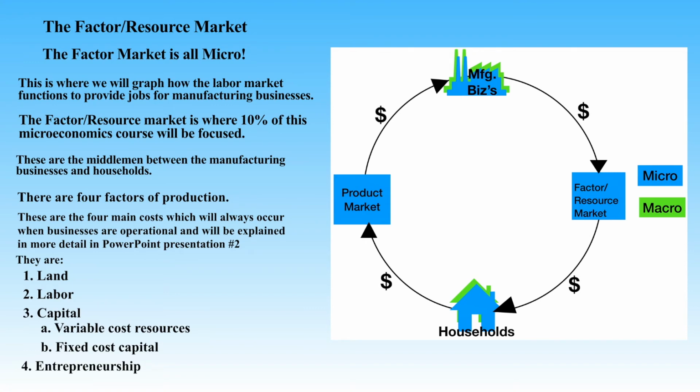The last cost of being in business within the factors of production is entrepreneurship. This refers to the payments businesses make to the owners of the business and the management of a business.